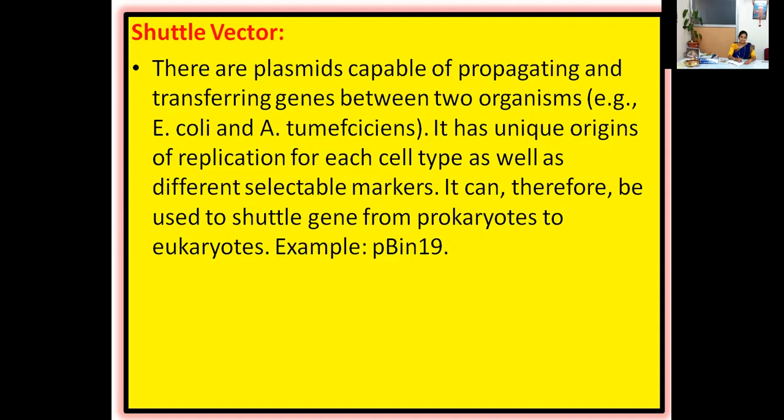In the same vector, there will be an E. coli ORI site and an Agrobacterium ORI site. Wherever that shuttle vector plasmid is introduced, it will start replicating there. It can therefore be used to shuttle genes from prokaryotes to eukaryotes. For example, pBIN19.